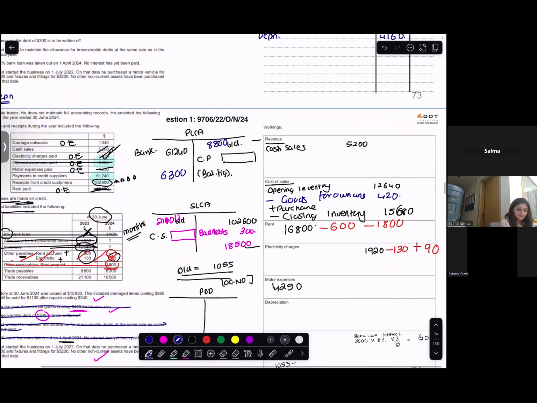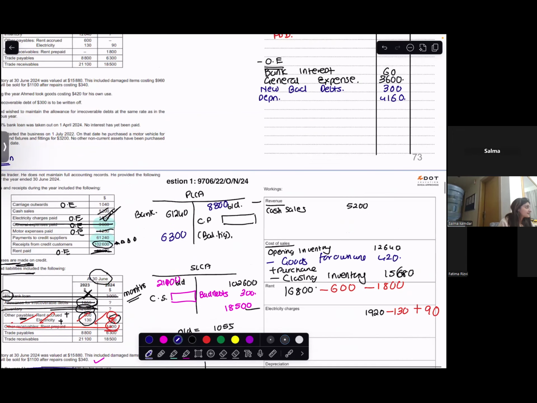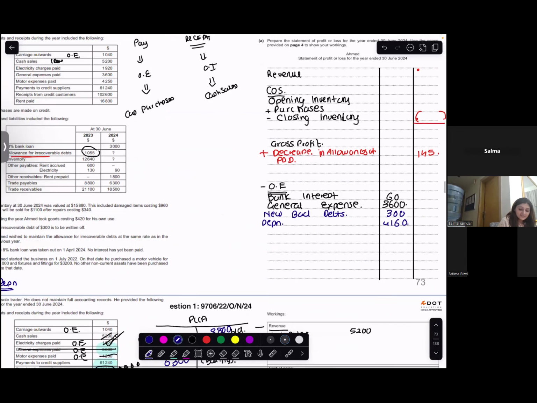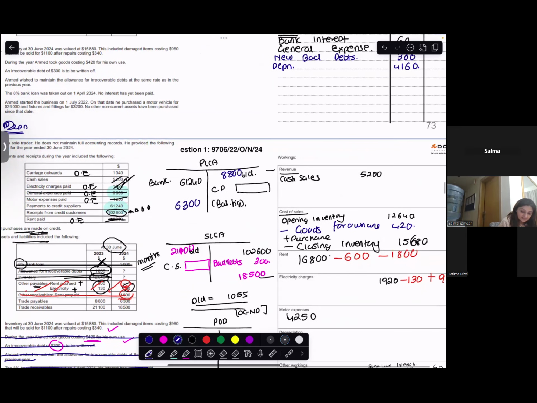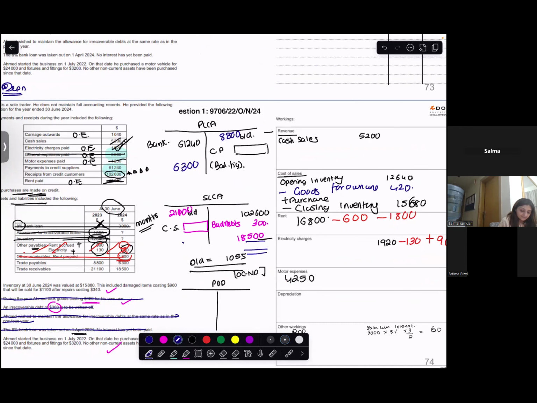Cash sales. I need revenue first, right? I have cash sales. I need to find credit sales. Can I find my credit sales? How? Come on, tell me. Balance the SLCA. So I have 102,600 plus 300 plus 18,500.